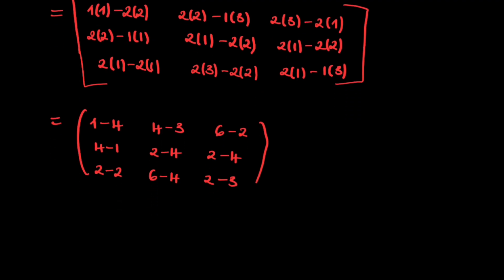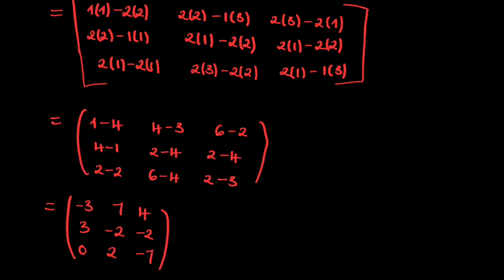Okay, so 1 minus 4 is minus 3. 4 minus 3 is 1. 6 minus 2 is 4. 4 minus 1 is 3. 2 minus 4 is minus 2. 2 minus 4 is minus 2 again. 2 minus 2 is 0. 6 minus 4 is 2. And 2 minus 3 is minus 1. Now this is the cofactor matrix.